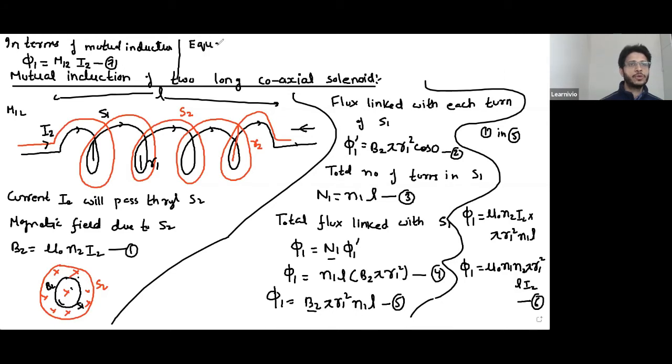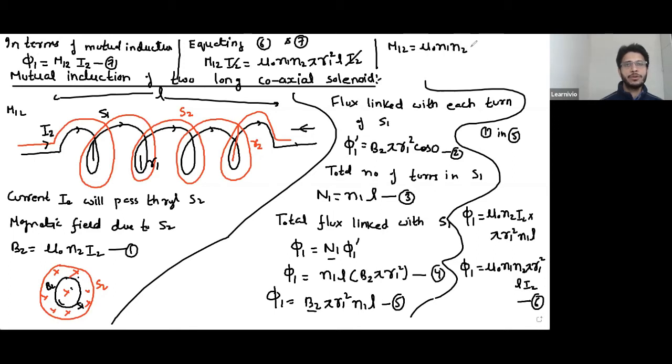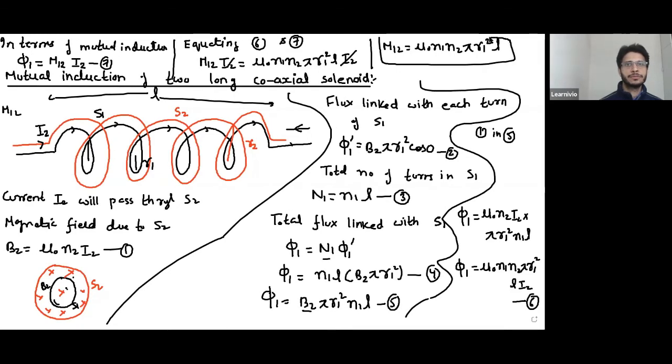So equating 6 and 7, I will get M12 I2 is mu naught N1 N2 pi R1 square L I2. So I2 will cancel I2. So M12 comes out to be mu naught N1 N2 pi R1 square L. So this is the mutual inductance of coil 1 with respect to coil 2.